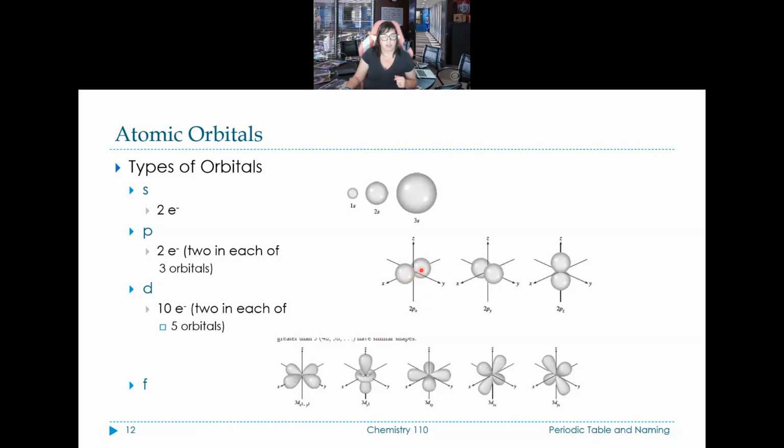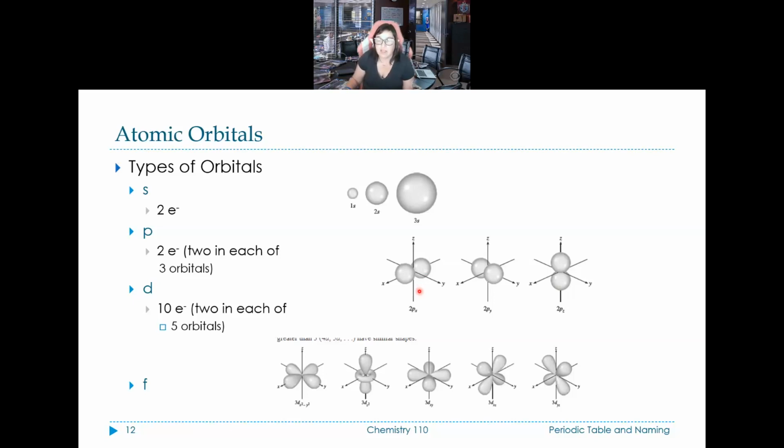So these 2 have a different direction than these 2, that have a different direction than these 2. Only one of these can be up, one of these is down. So that is a different complete address for each of those things. No 2 electrons can have the same 4 quantum numbers.